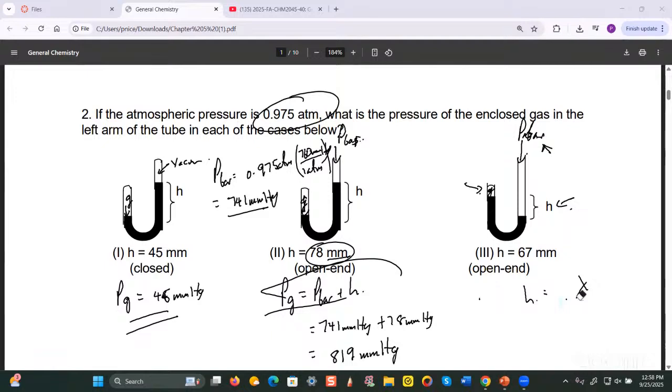Remember, the pressure of the gas in this particular situation is going to be less than the barometric pressure. Is it the atmospheric pressure measured in millimeters of mercury? Yeah, it's the same value here. So what's the relationship between the barometric pressure, the pressure of the gas, and the height difference?